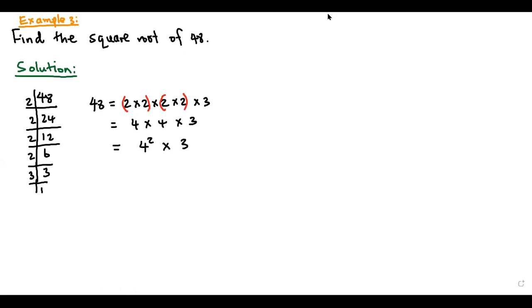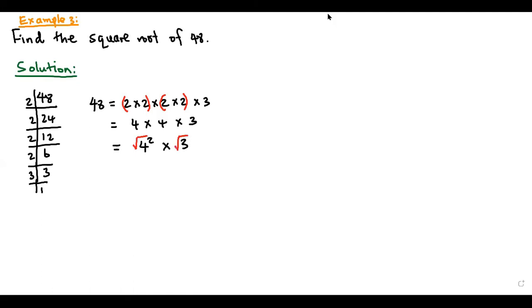So it means that to get 48, you square 4 and you multiply it by 3. That's what it means. Okay, you get 4 times 4 times 3 in order to get 48.